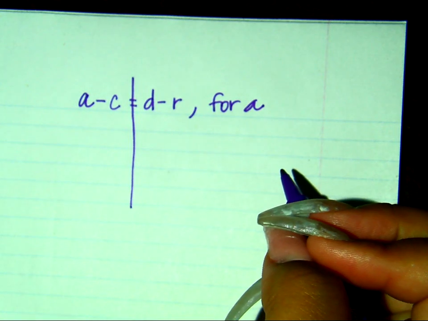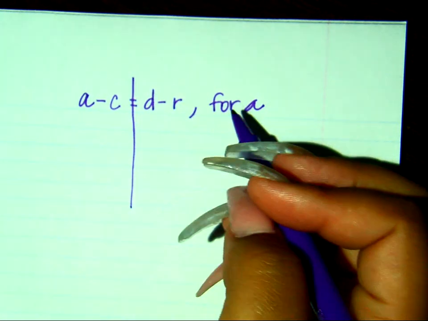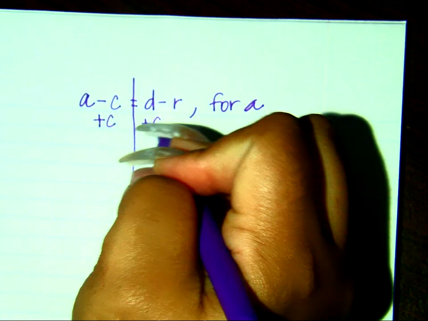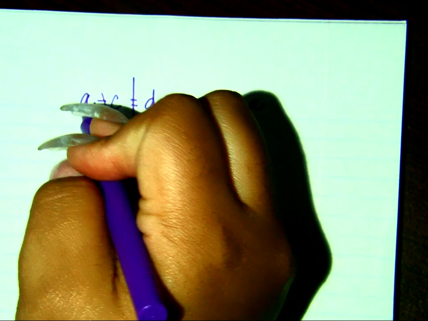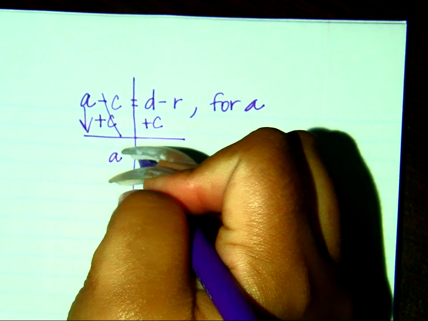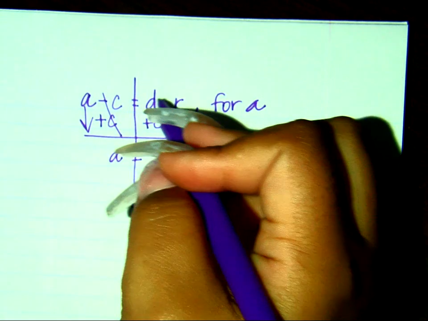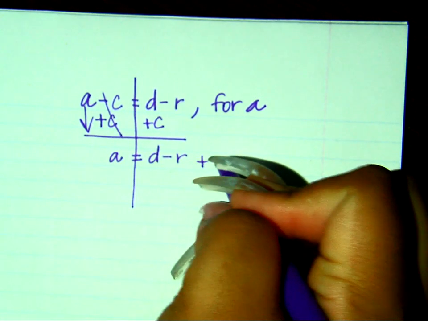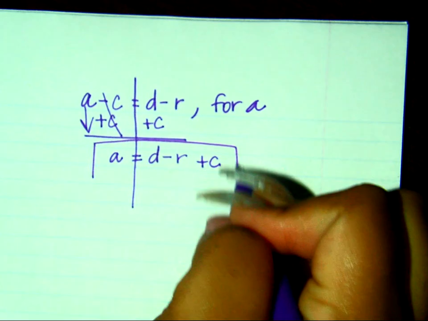So, in order to get A by itself, I have to move what is next to A, which is a negative C. So now I have to add C on both sides. That brings down my A. A is now by itself. I have D minus R plus C. And that is the final answer.